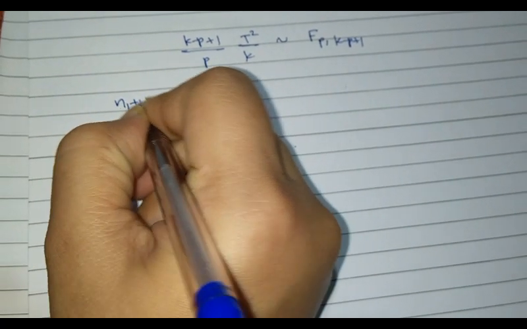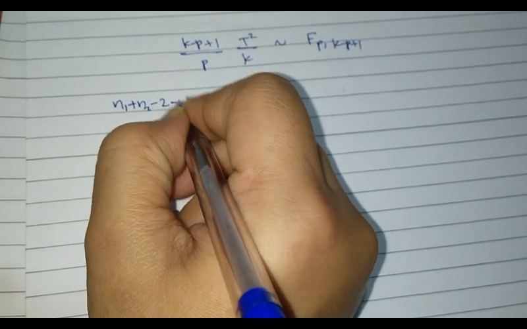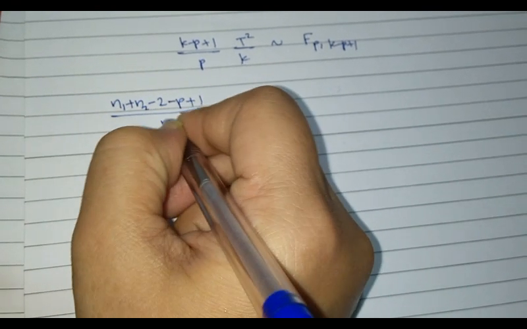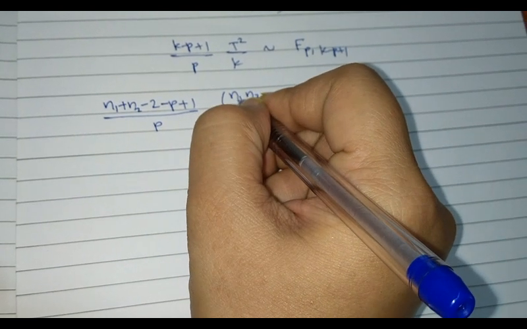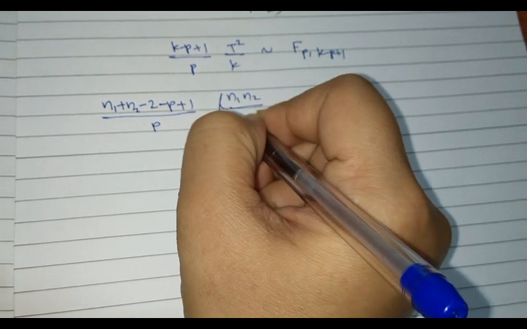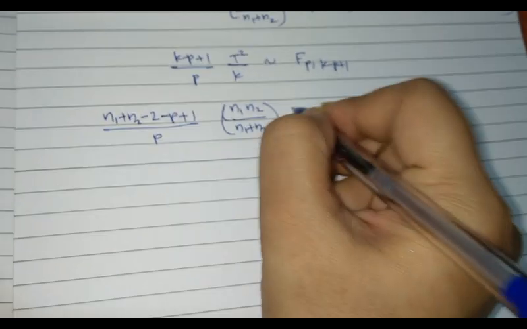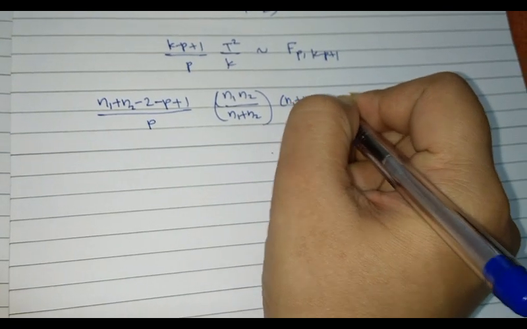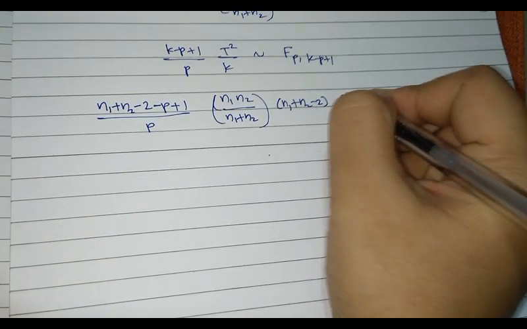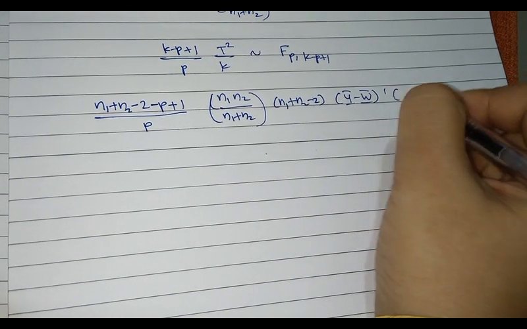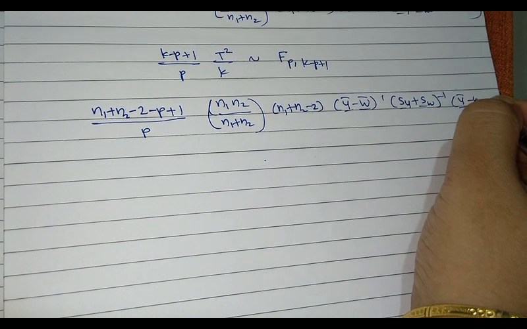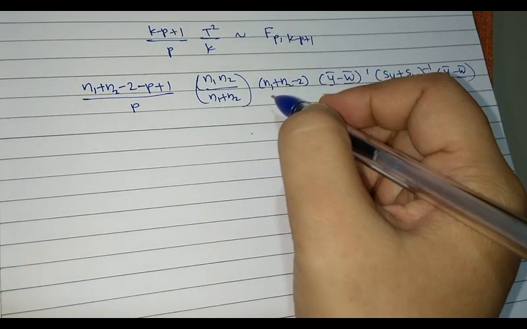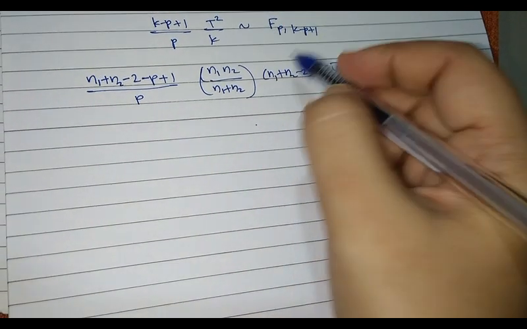So if I substitute those things here, my K is N1 plus N2 minus 2, minus P plus 1 upon P. T square is N1 N2 upon N1 plus N2, then N1 plus N2 minus 2, Y bar minus W bar prime, SY plus SW inverse, Y bar minus W bar. This entire thing is T square and K is in the denominator.